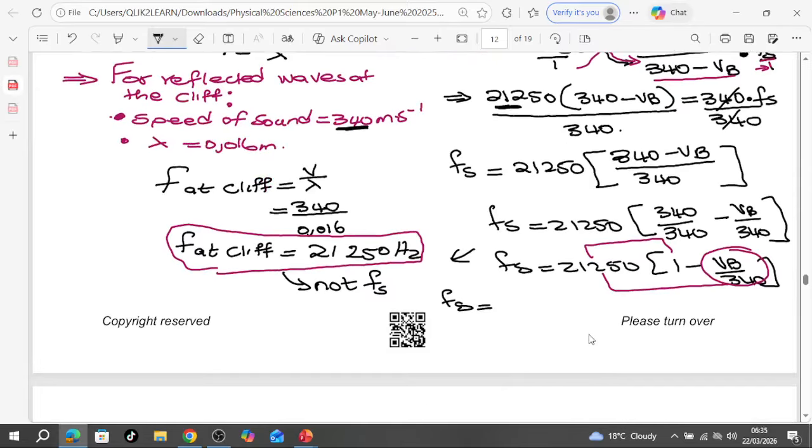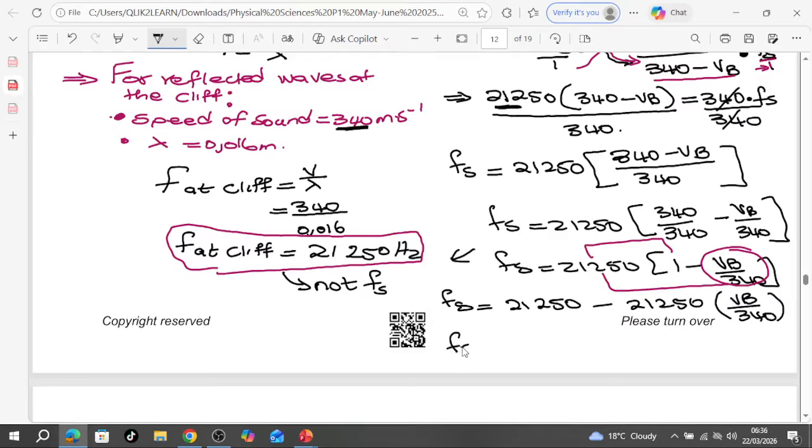So now Fs is equal to 21,250 times 1, which is just 21,250. Then minus, I'm going to have the 21,250 multiplied by VB over 340.